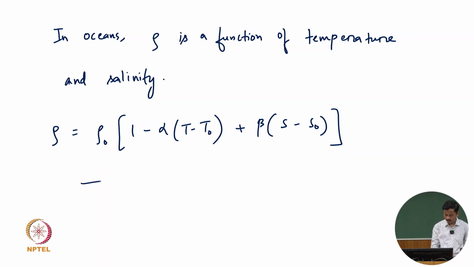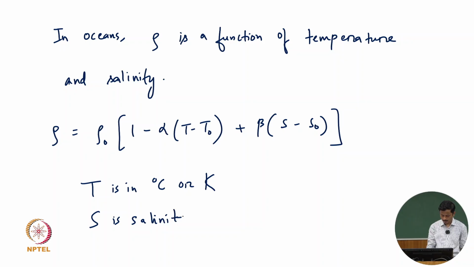T is in degrees centigrade or Kelvin, and S is the salinity. According to modern measurements, salinity is representative of the amount of salt dissolved in seawater, but modern measurements of salinity are based on conductivity measurements.